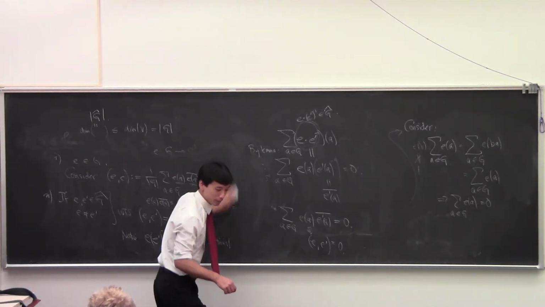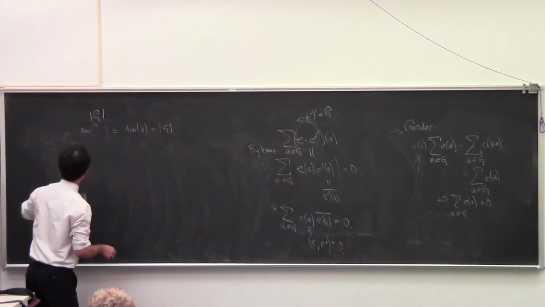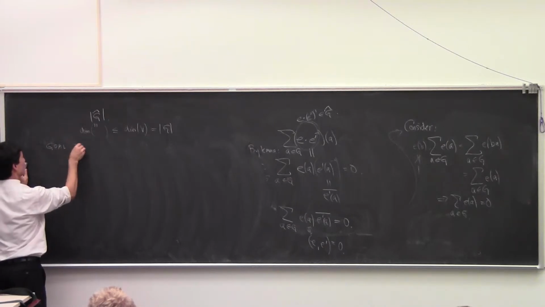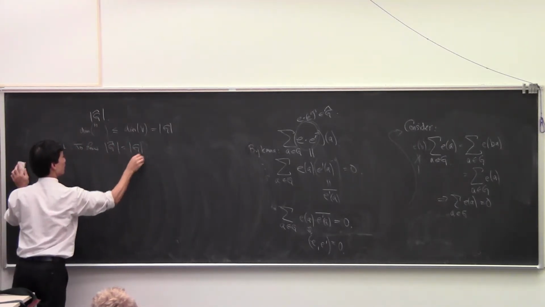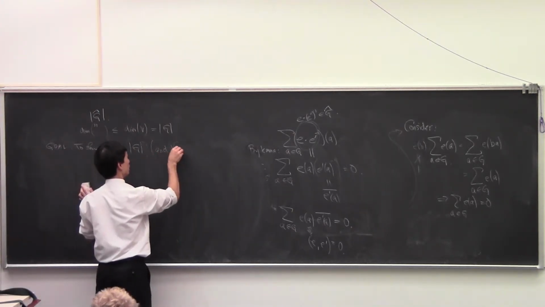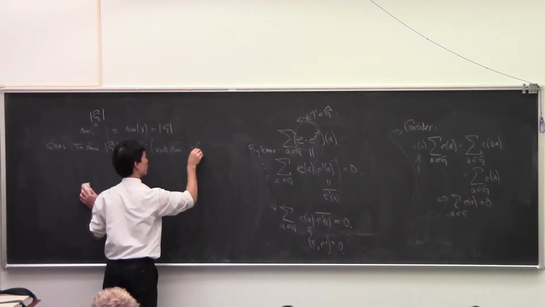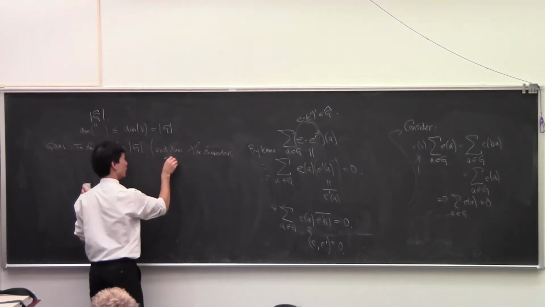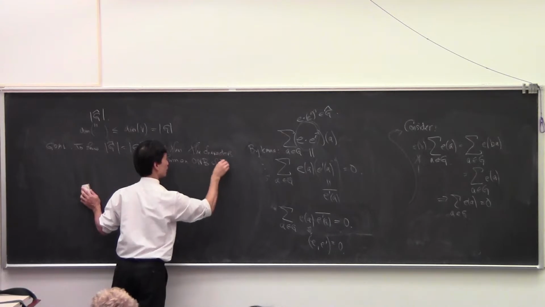Okay, so that is the goal: to show actually G hat has the same size as G, and thus the characters form an orthonormal basis of B.